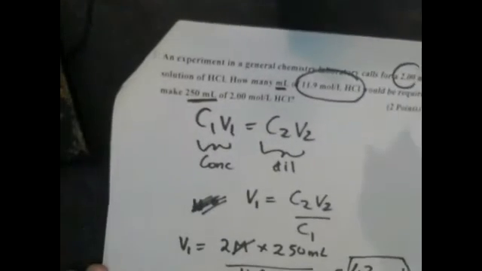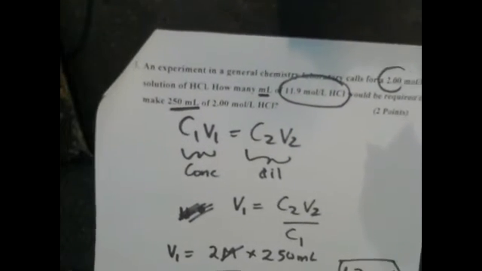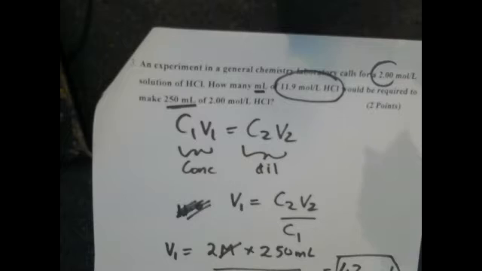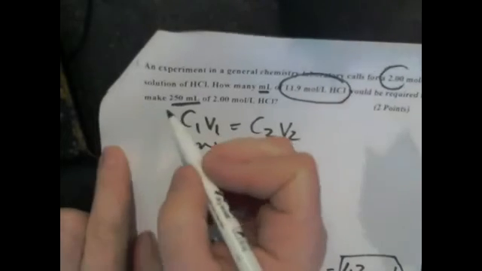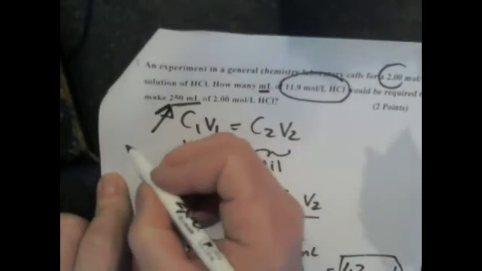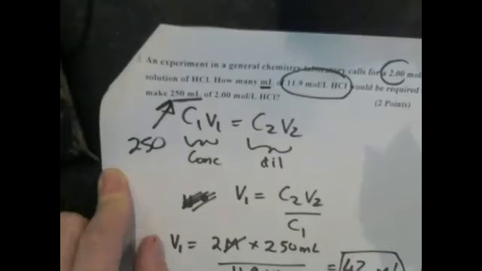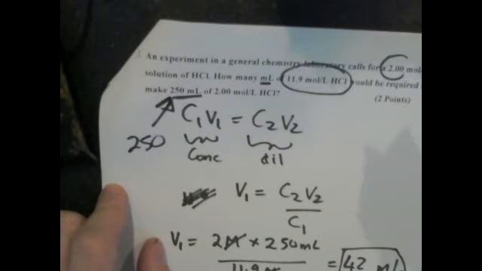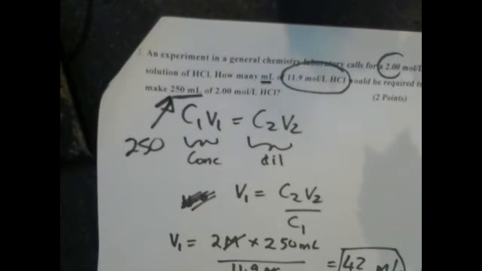Michael just asked, what was the number in the problem that had two significant figures? And it's the 250 milliliters here, because the trailing zero doesn't count because there's no decimal point in that number. So trailing zeros only count if there is a decimal point.